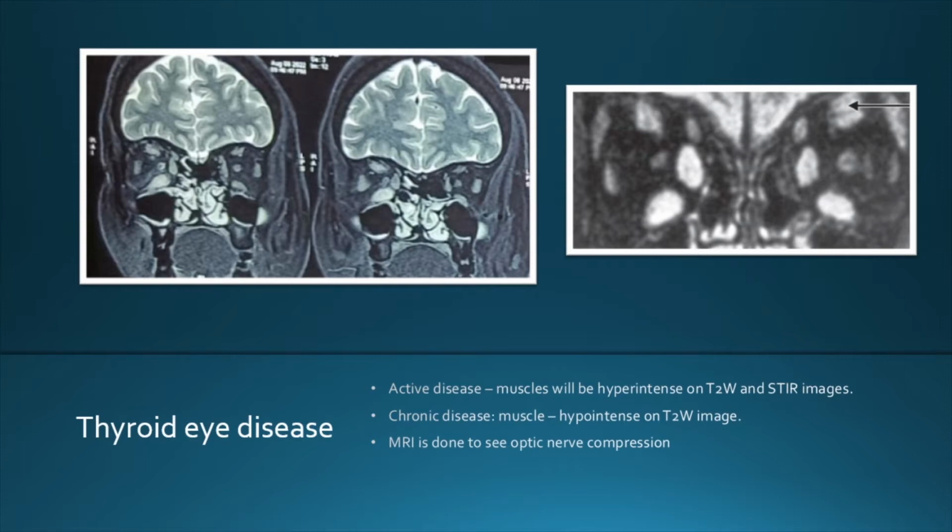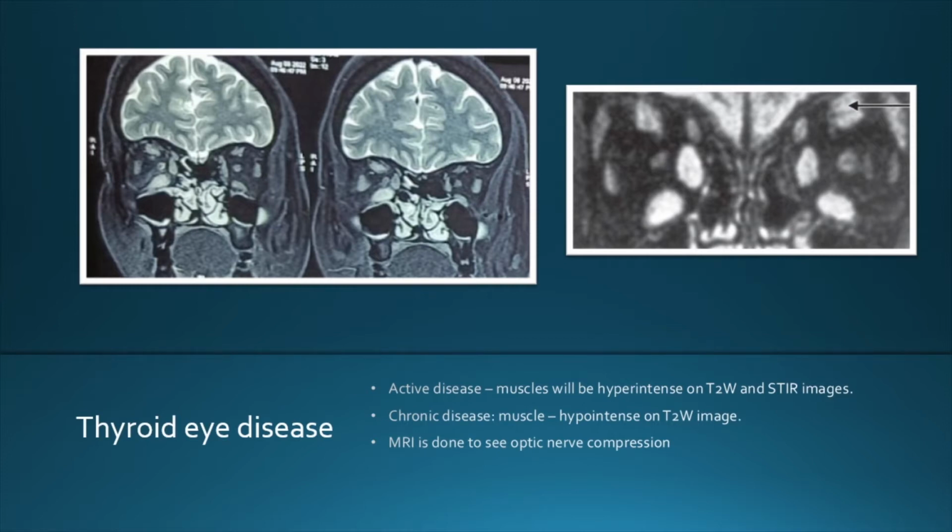The enlargement of muscle we can also see in the T2 weighted image. Here we can see the involvement of inferior rectus muscle, medial rectus muscle, and superior rectus muscle in the right eye, suggesting the active disease in right eye.